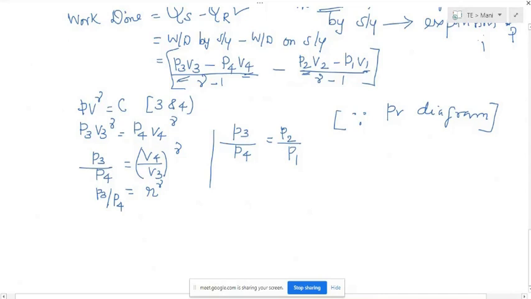From the PV diagram, we can rearrange the equation: P3 divided by P2 equal to P4 divided by P1 equal to, simply, a new term, the suffix P, which is nothing but the pressure ratio.